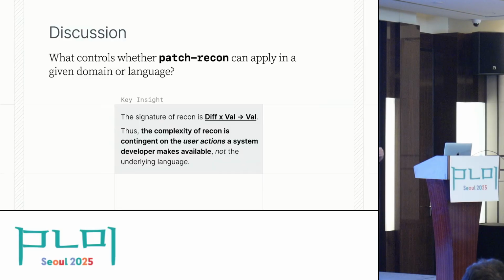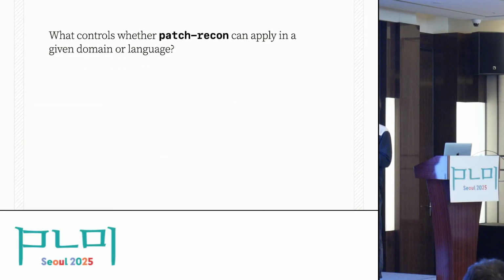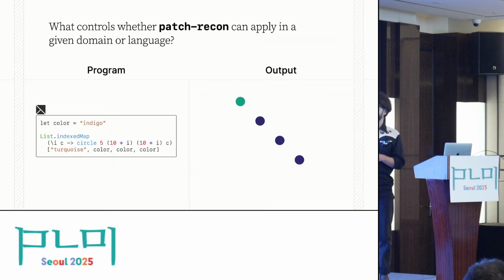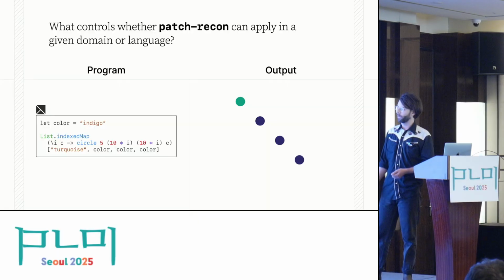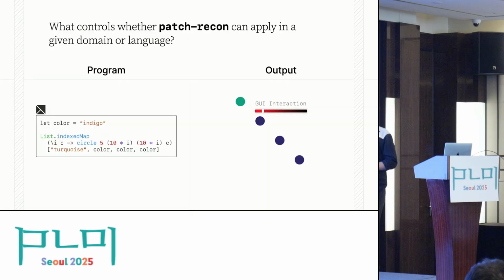To see that a little bit more concretely, we can think about how we might implement patch recon for a system like Sketch-n-Sketch, which is a direct manipulation programming system for vector graphics. Sketch-n-Sketch uses an Elm-like general purpose functional language, shown here on the left, and evaluates that program to produce the SVG output here. We can imagine that a user might take this GUI interaction to change the color of this circle here.